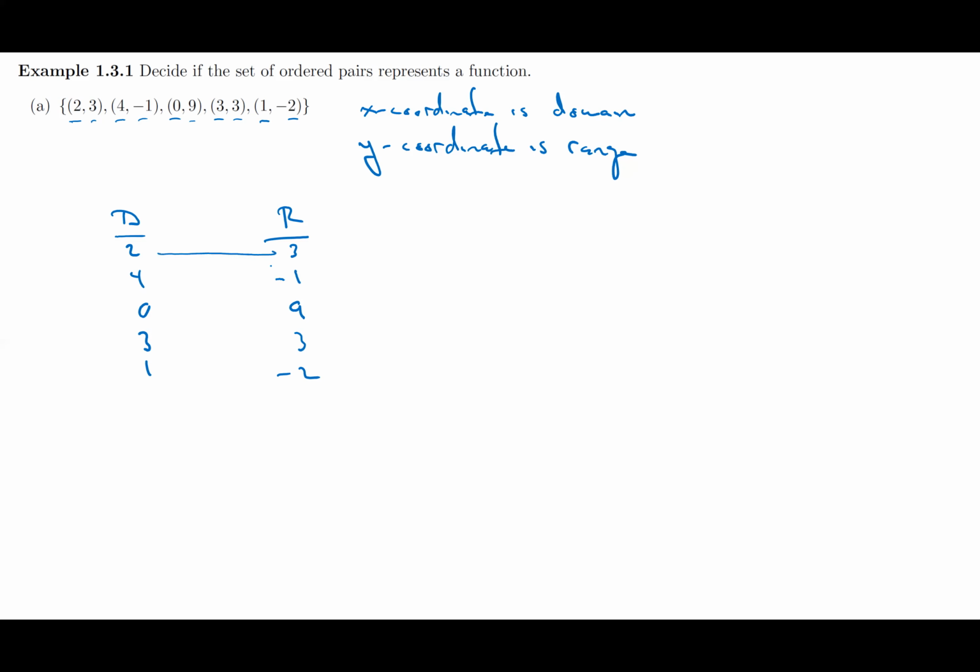Well, 2 goes to 3, 4 goes to -1, 0 goes to 9, 3 goes to 3, 1 goes to -2. Do we have any domain elements getting sent to different places? No, we don't. And so this is a function. Okay.